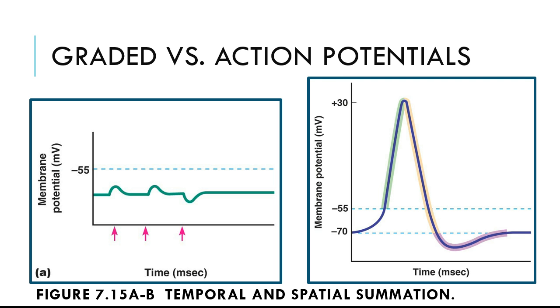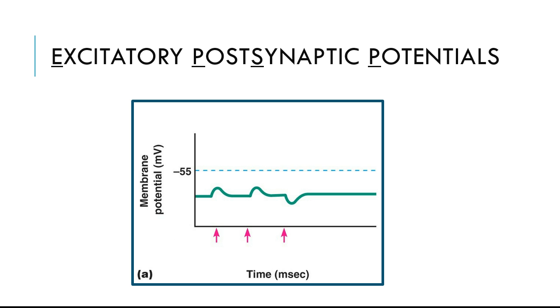They may be depolarizations, they may be hyperpolarizations. If we were to give them a proper name, you can refer to them as an excitatory post-synaptic potential. So you may call them EPSPs, excitatory post-synaptic potentials.